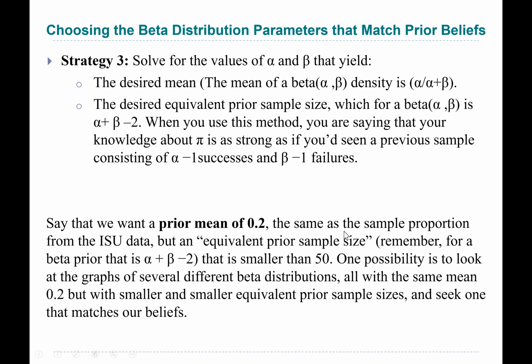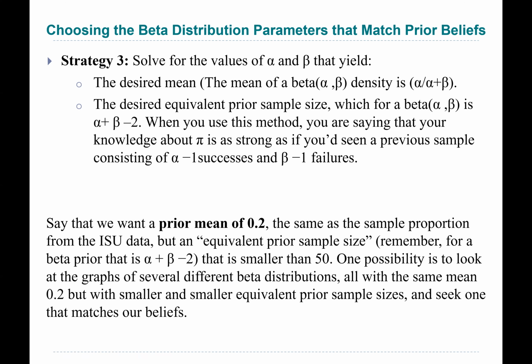So the same as the sample proportion from the Iowa State University, but with an equivalent prior sample size smaller than 50. If I use a sample size of 50 and a mean of 0.2, the number of successes is 10 and the number of failures is 40. Maybe this means you will use a prior distribution that has information equivalent to a sample size of 50 with mean 0.2.